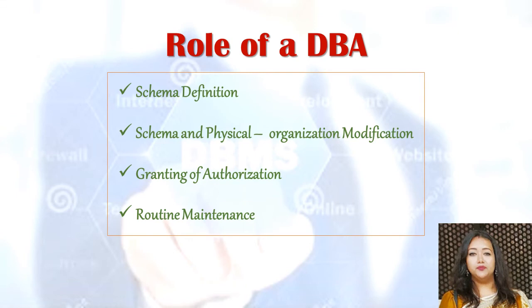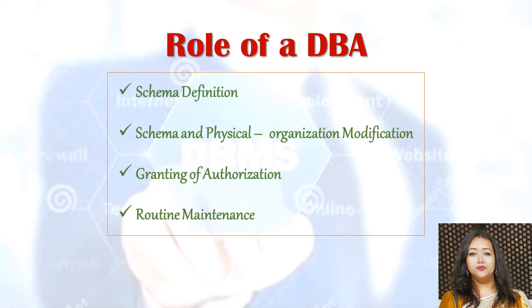The DBA carries out changes to the schema and physical organization to reflect the changing needs of the organization. And granting of authorization: by granting different types of authorization, the database administrator can regulate which parts of the database various users can access.